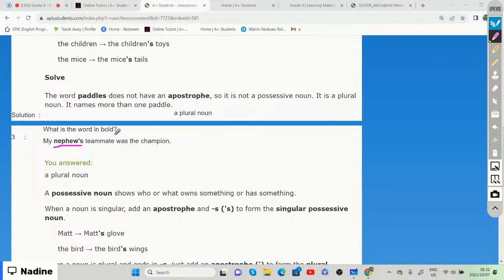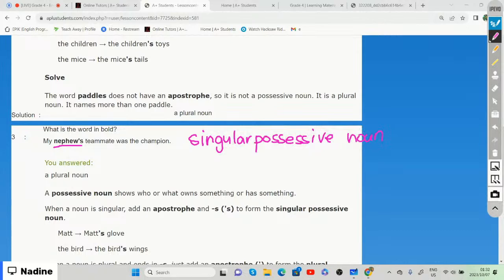So his teammate was the champion. And we added the apostrophe and the S over there, which means that this is a singular possessive noun.